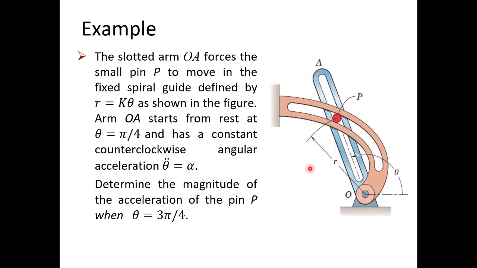And then it will be accelerated at a constant counterclockwise angular acceleration, theta double dot equals alpha. And we are asked to find the magnitude of the acceleration of the pin P when theta equals 3 pi by 4. So that is the problem.